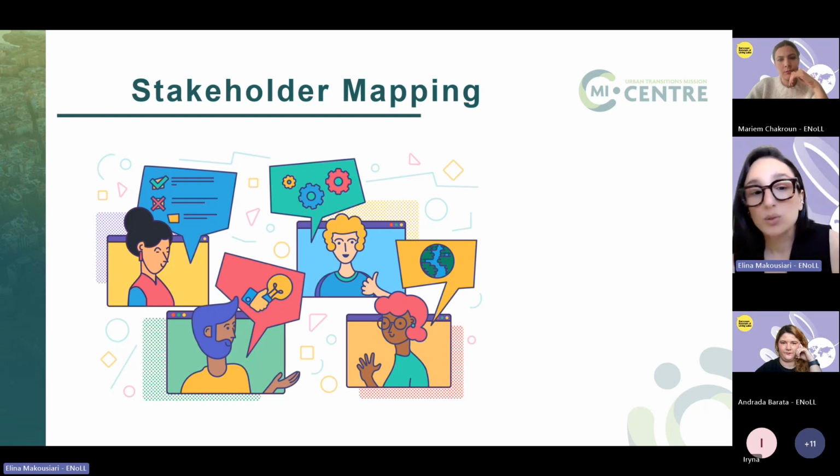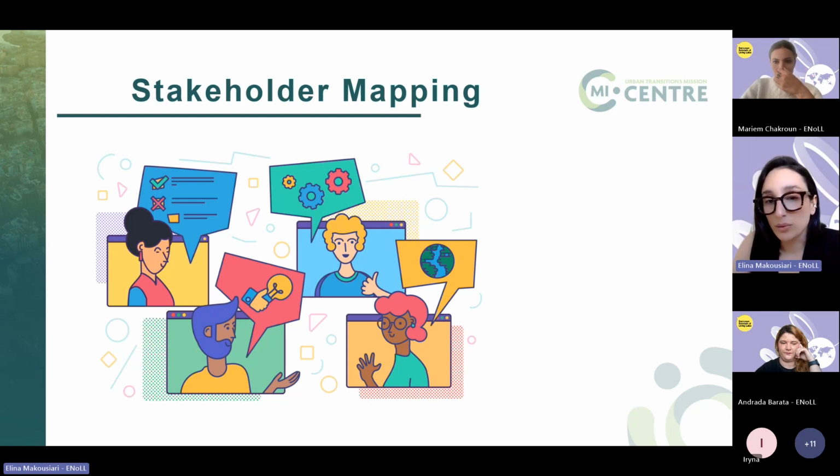Based on what we explained before on stakeholder engagement, having in mind also the Living Lab basics, and based on the fictional case that we came up with, we want to have a very first exploration of tools that you can use when trying to map stakeholders and understand their influence on what you're doing.